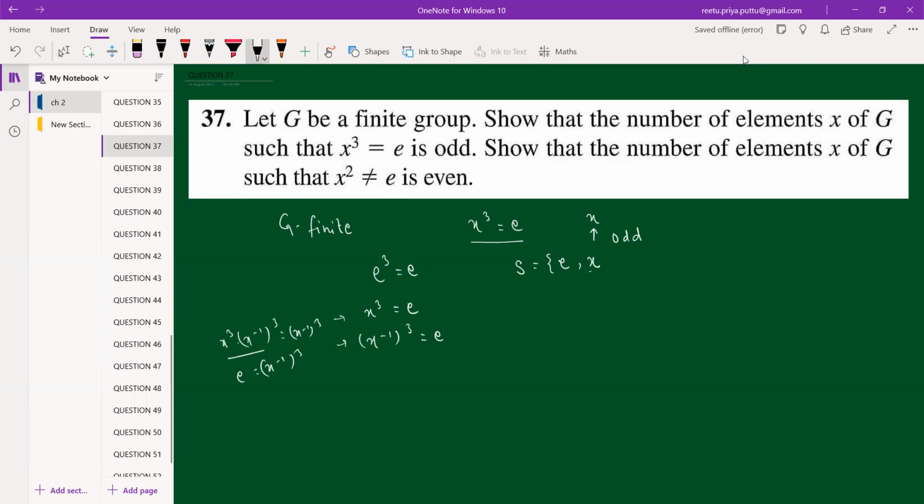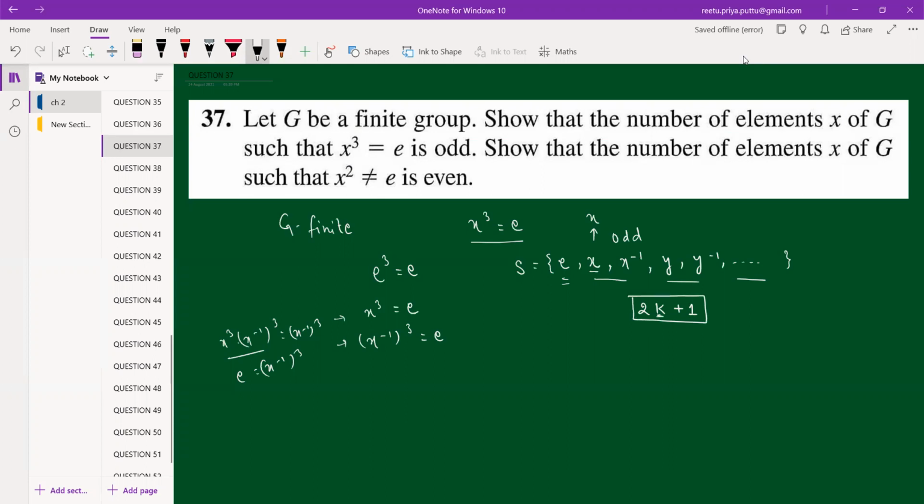So whenever you have an X, you also have an X inverse. Similarly, whenever you have a Y, you have Y inverse, and similarly it goes on. So from here you will notice that we have 2k elements, and for identity we have plus 1 element. So in the set S we have basically 2k plus 1 elements.